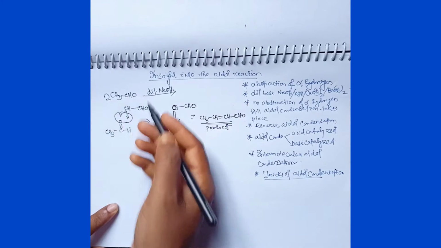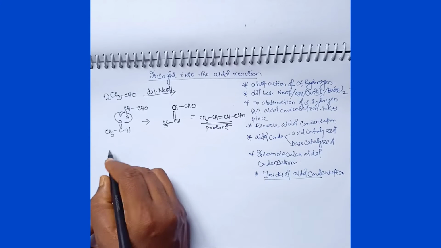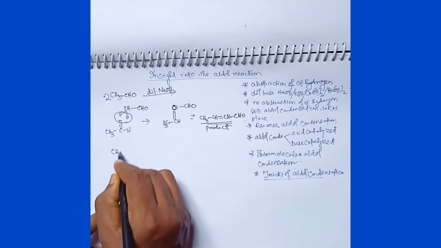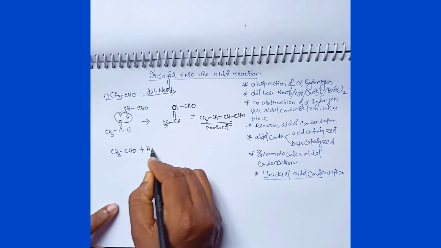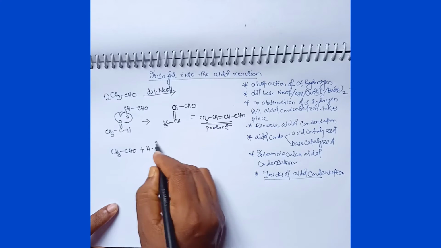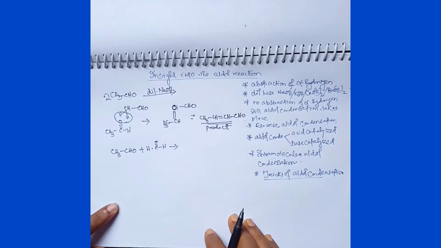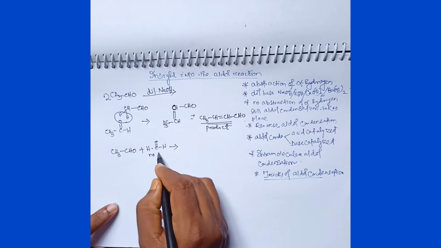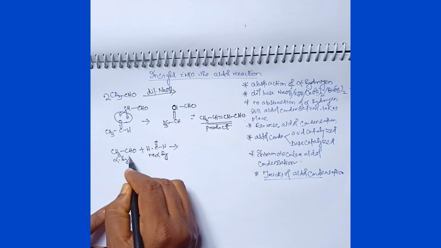So, in another way we can write, suppose there are two molecules, CH3CHO and HCHO, acetaldehyde and formaldehyde. Here there is no alpha hydrogen, here there is alpha hydrogen.